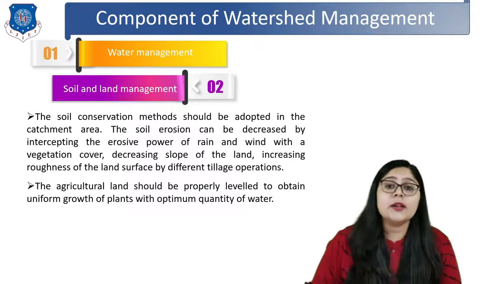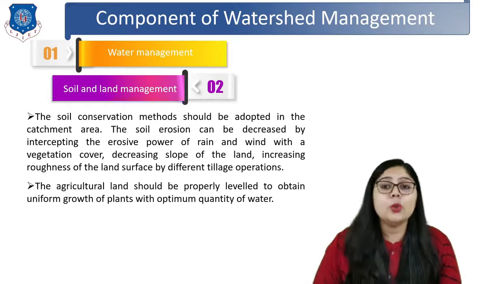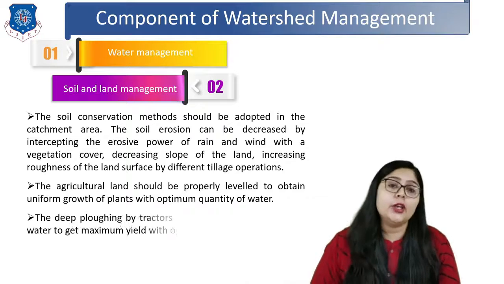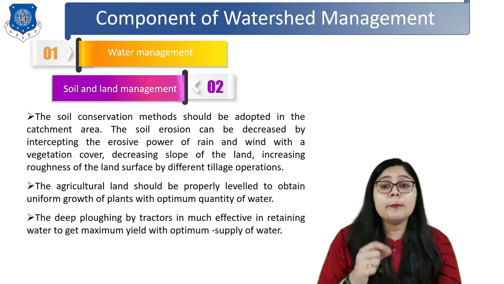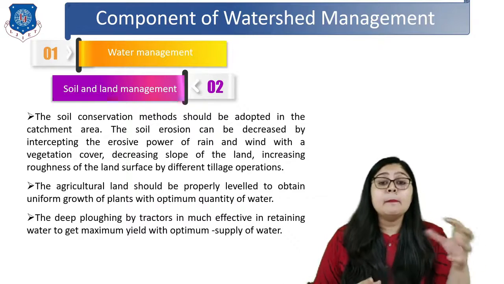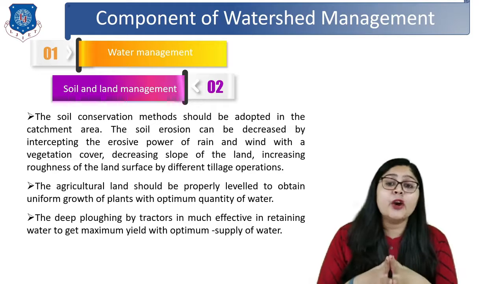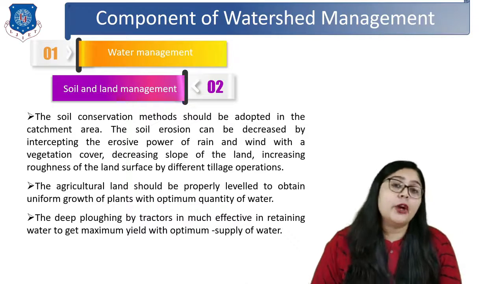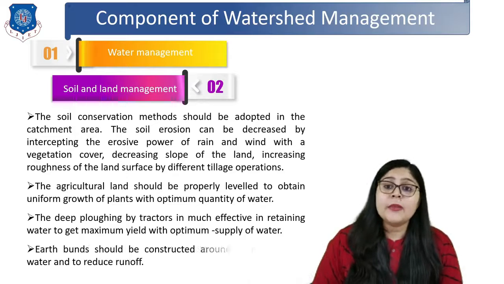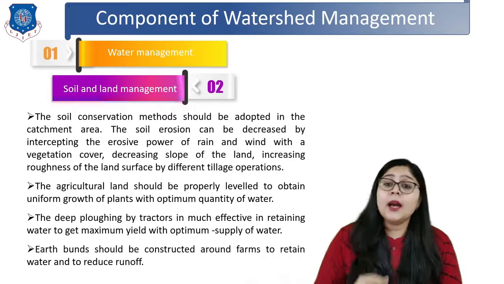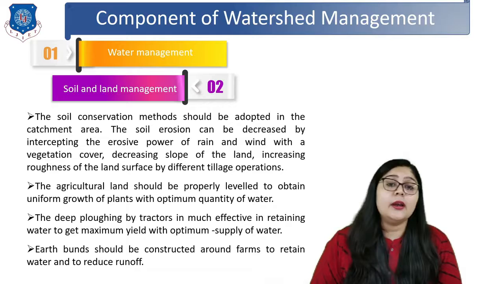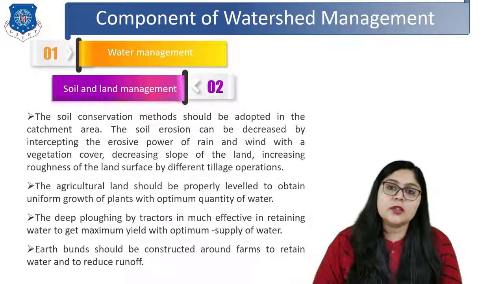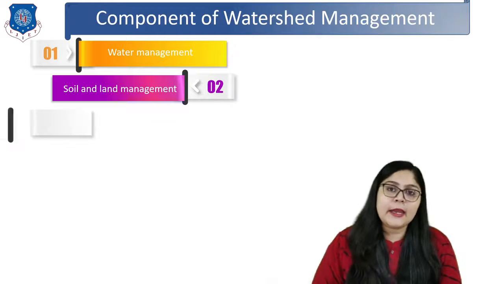Even the agricultural land should be properly leveled to obtain uniform growth of plants with optimum quantity of water, where the deep ploughing by tractors is very effective in retaining water to get maximum yield with optimum supply of water, right? Lastly, I can say the earth bund should be constructed around farms to retain water and to reduce runoff. So this is all about soil and land management.